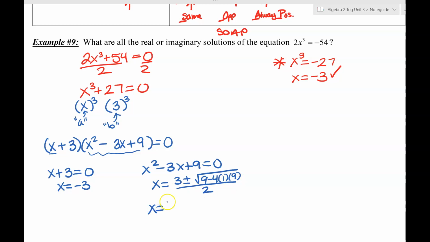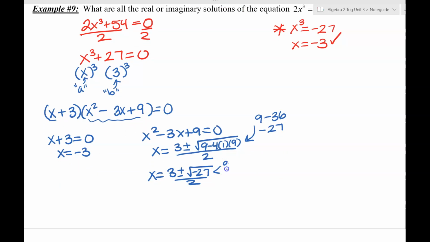So when I do the quadratic formula, I have 9 minus 36, which is -27 inside of that radical. And I'm going to think of 27 as 9 times 3, which would give me 3 plus or minus 3i rad 3 over 2. And that cannot be simplified.